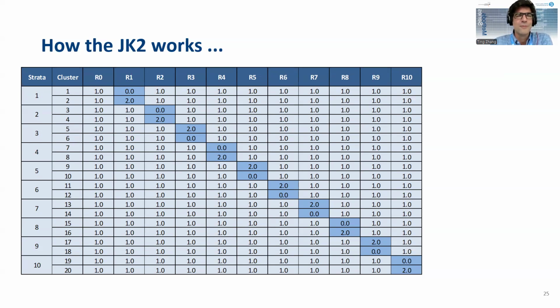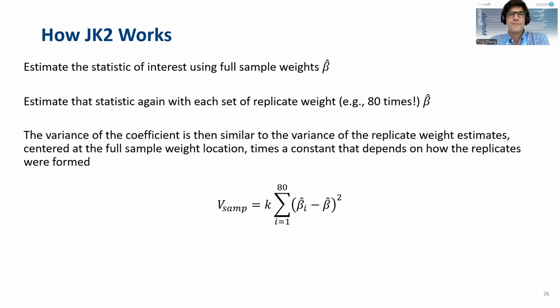I can see that in the column labeled R1, and then we re-estimate the whole statistic all over again. And then we go back and do that again for R2 and so on until R80, oftentimes in the case of PIAC.